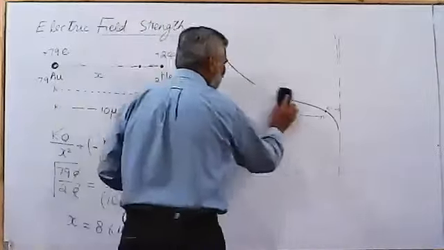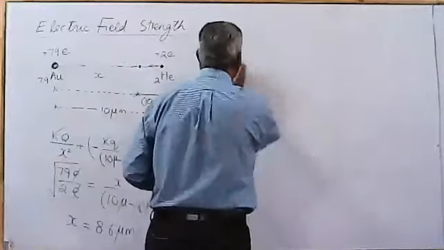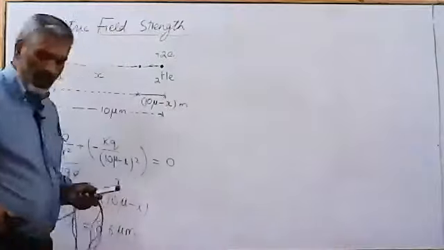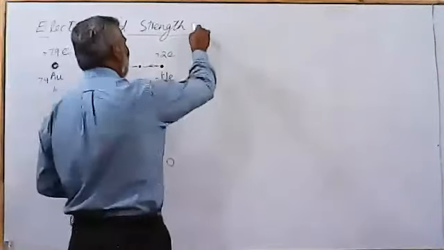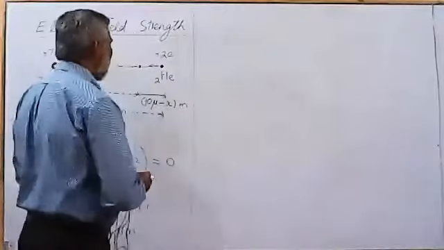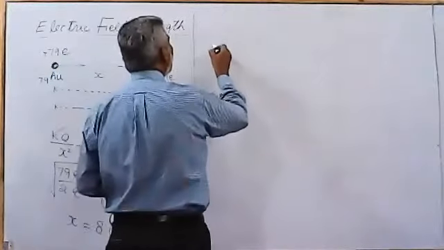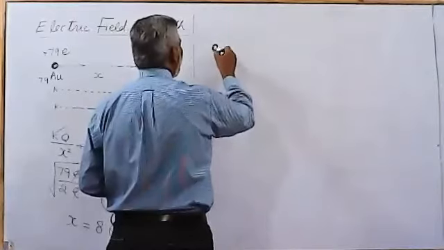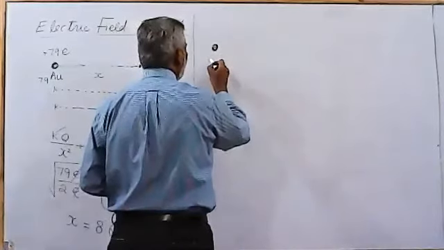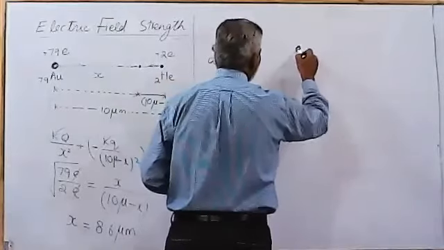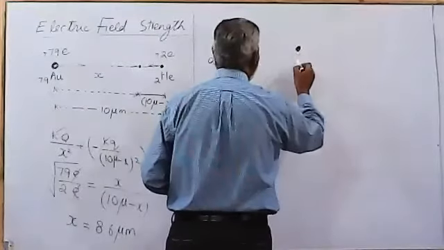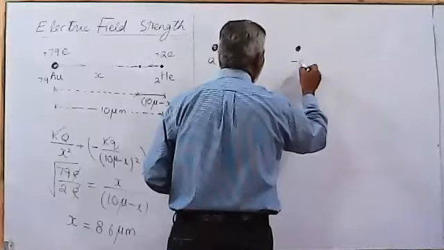But what happens if the two charges are opposite in sign? That's the last point of our discussion. Let's say this is a charge Q and we have another charge of roughly the same magnitude, but opposite in sign.